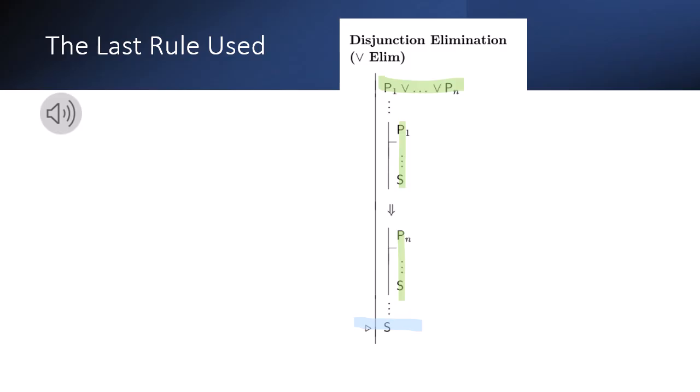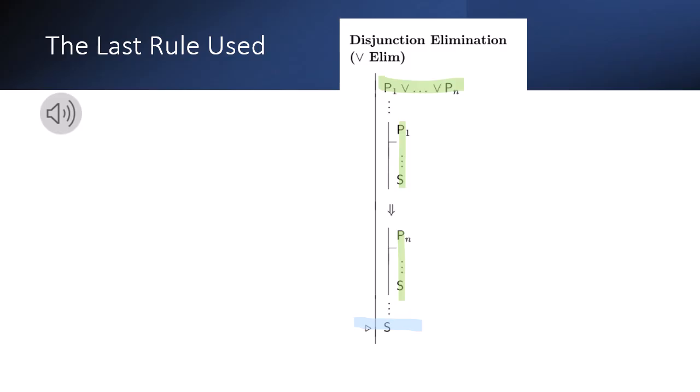Now, you'll notice that in addition to that disjunct at the top, we also have a series of n subproofs, one starting with each of those disjuncts, P1, P2, all the way down to Pn. And in particular, there would be a subproof that started out with that disjunct we know is true now, the Pi disjunct.